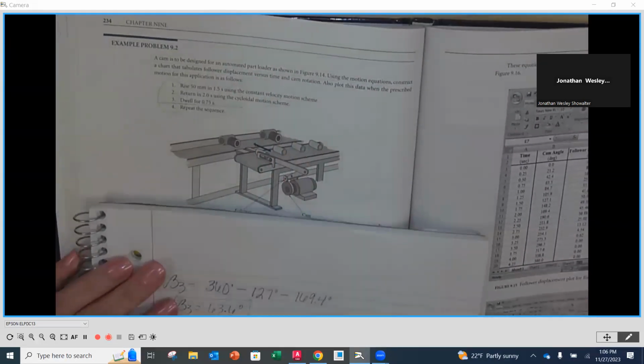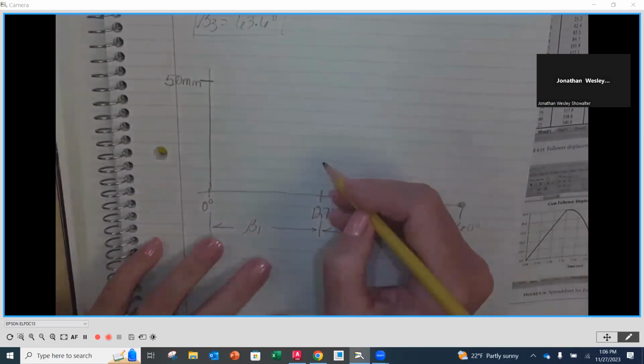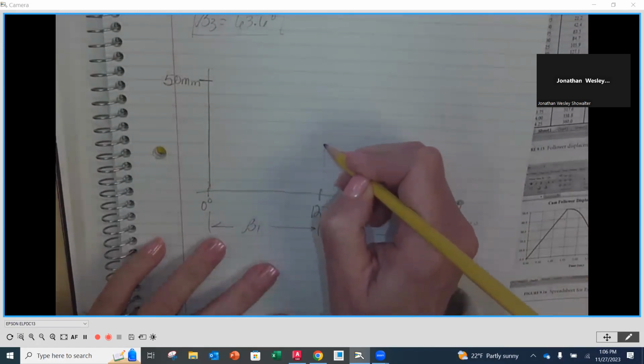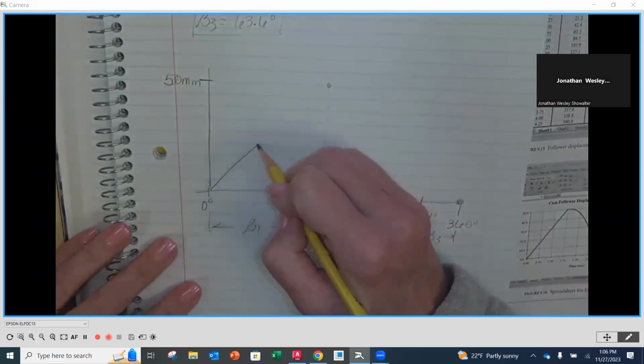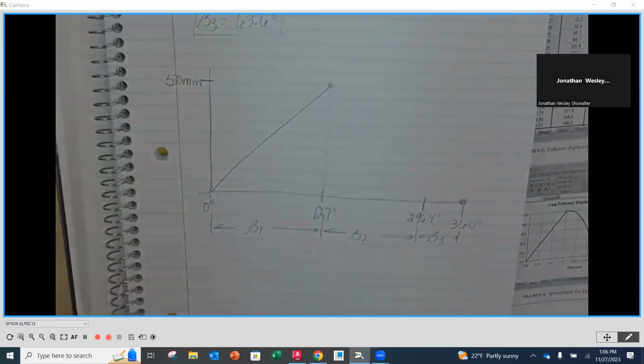So if I put this all the way up, and that's where that ends, constant velocity is a straight line from the beginning to the end. That's as complicated as it gets for constructing it. We saw, especially when we look at the velocities and the accelerations, that it's not desirable for higher speeds. This can be for a low speed application, but for higher speeds, not a great idea. But that's what the motion scheme is for this one.